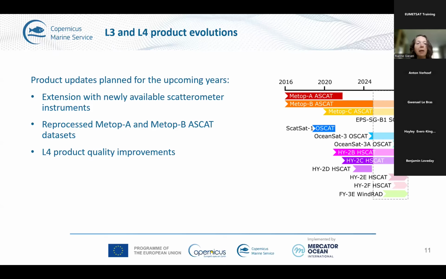So these will be updated in the upcoming years, both the level 2, the level 3, and the level 4 datasets. And we're also continuously working on improvement of the level 4 products, for example, in coastal regions, or by using more scatterometers for the most recent years where we have a lot of scatterometers.